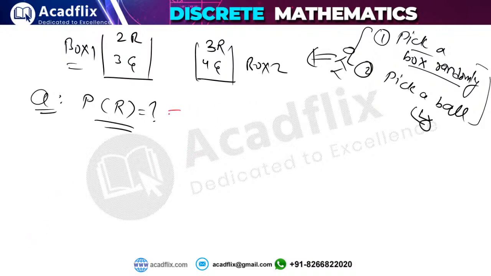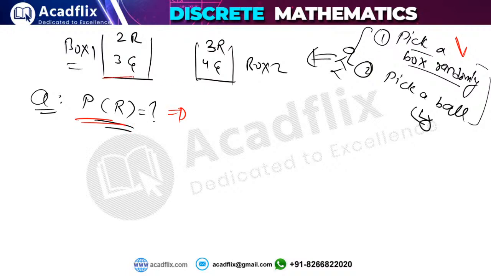Let's see. He is asking what is the probability that you will come out with a red ball. So what will be the answer? You must understand this is the experiment. Experiment is, first you will pick a box at random.